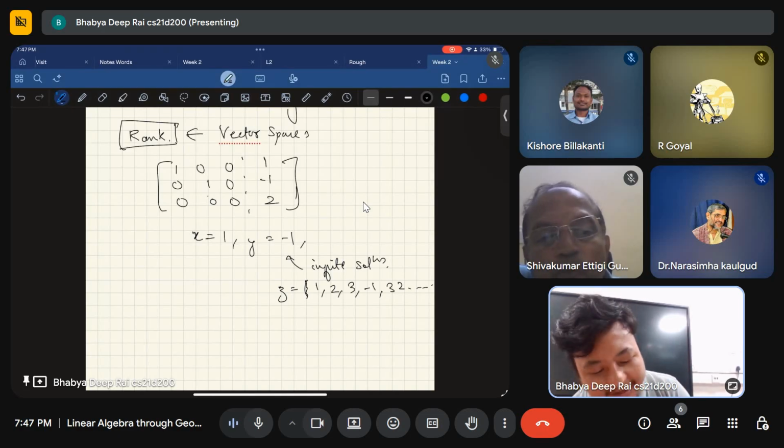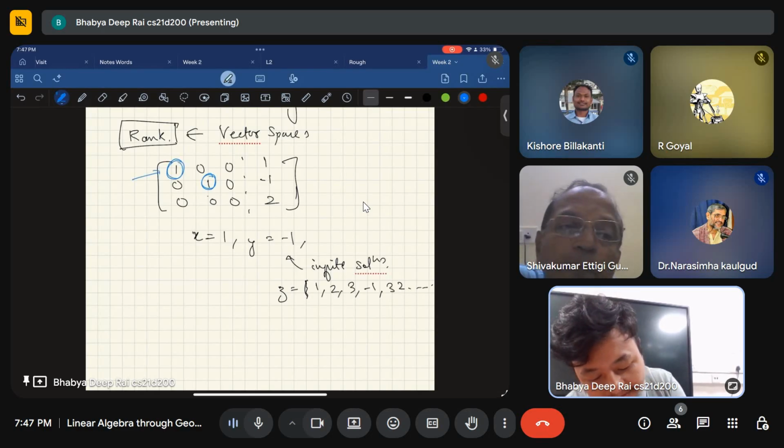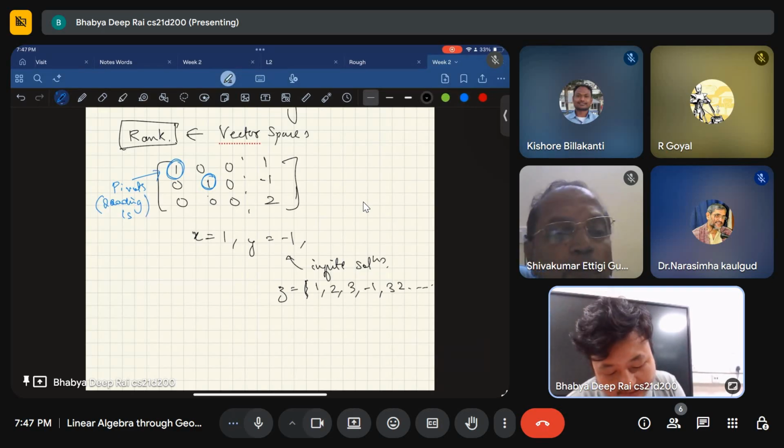And now, what is rank? What is a pivot? These elements, the leading ones, are called pivots in the matrix. And rank is equal to the number of pivots.